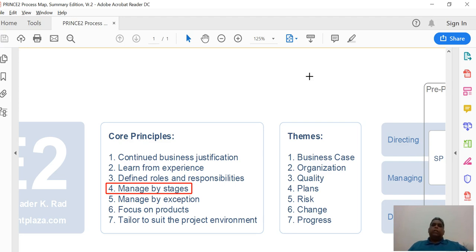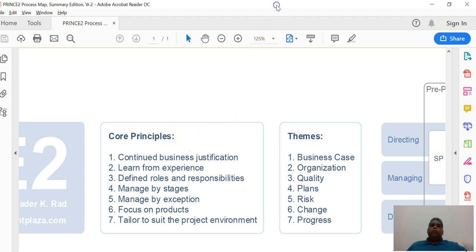In other words, the whole idea behind this particular principle is to make sure that we break down the project into phases or stages. That would really help in putting a proper governance mechanism in place and making sure that one uses a rolling wave approach in refining the project and putting in appropriate controls on the project.